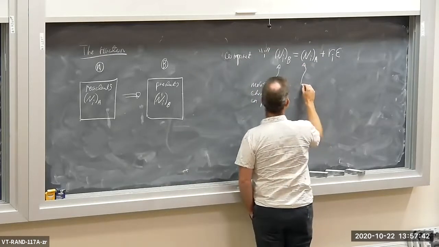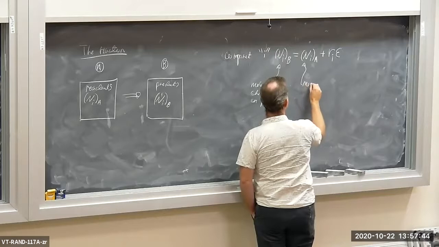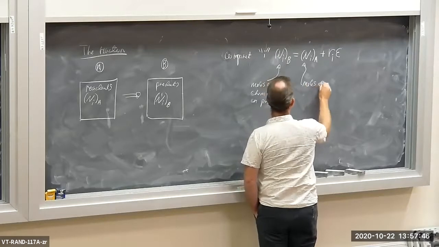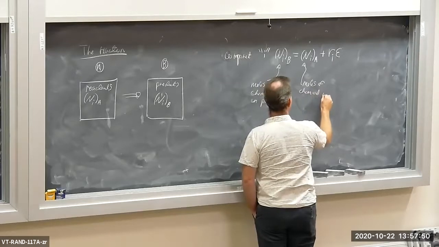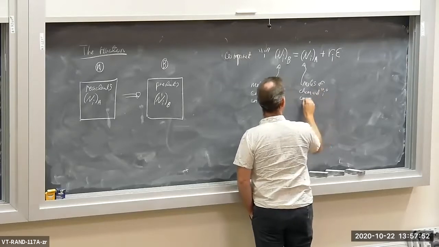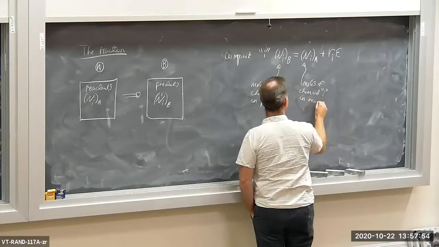N_iA is the number of moles of chemical i in the reactants.